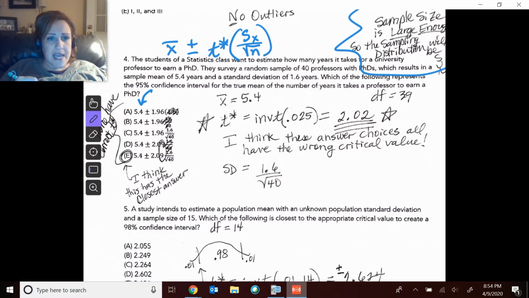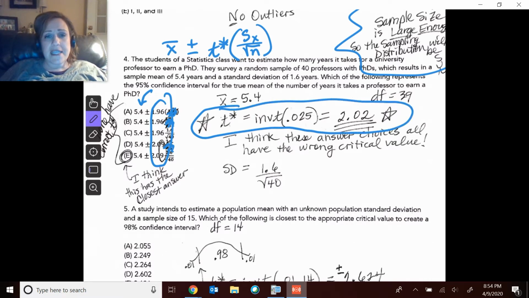So here in this case, all of them say 5.4, so that's fine. I need to figure out what's the correct critical value. I can also figure out that a few of these standard errors are not correct. So I actually have a problem with the answer choices here, because I did inverse t of 1 tail, 39 degrees of freedom, and I got 2.02.